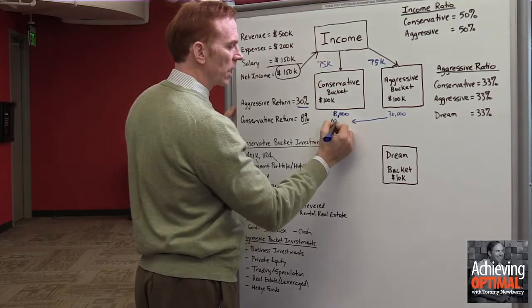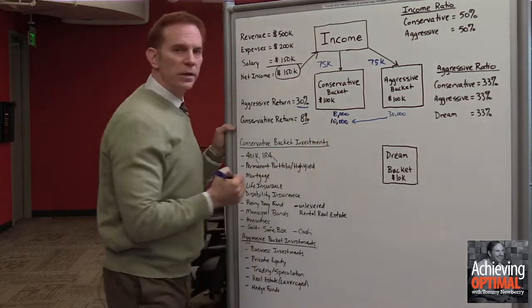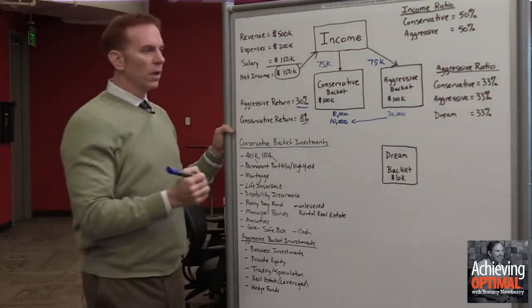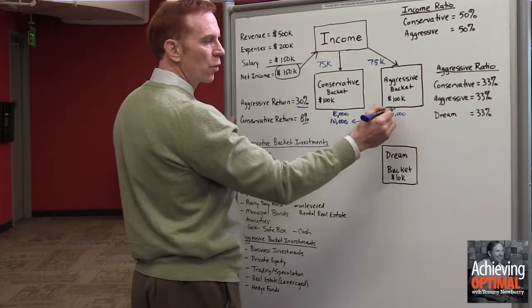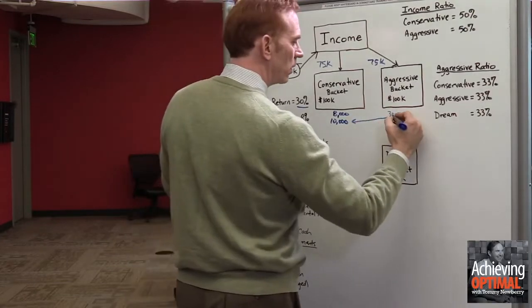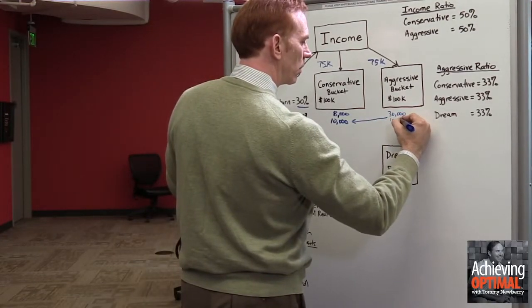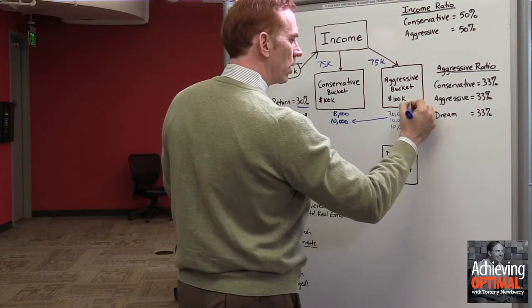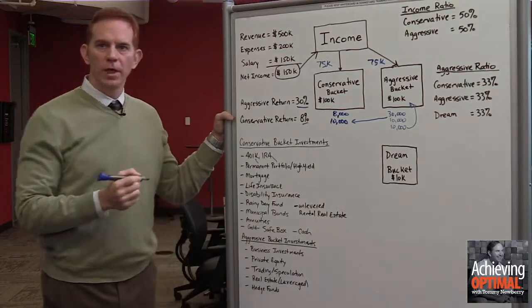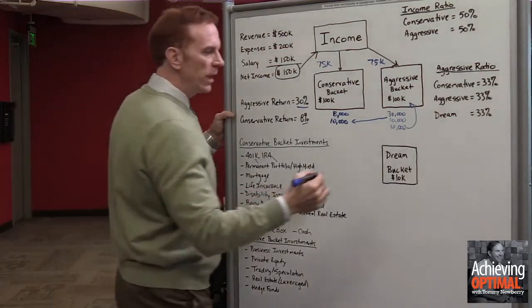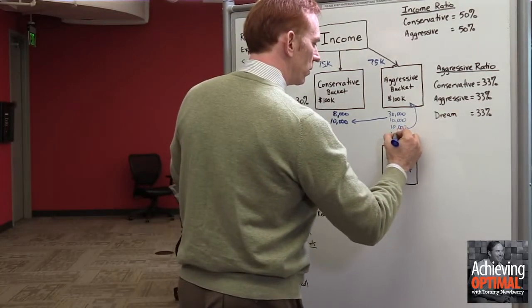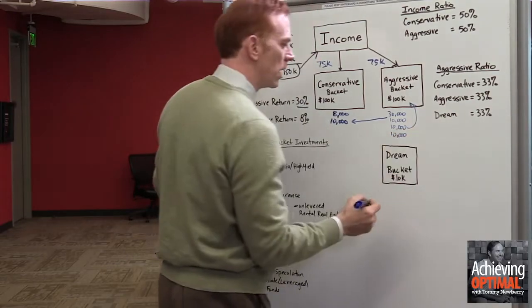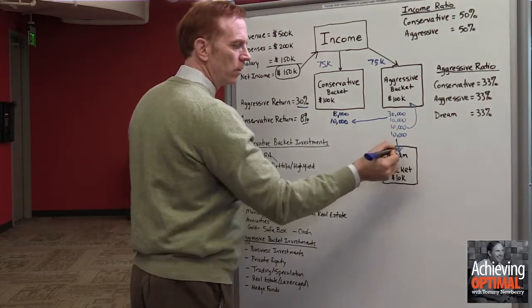So our conservative bucket is going up by another $10,000. We have $10,000 that's going to be reinvested back into the aggressive bucket. And then we have $10,000 that's going to flow down into our dream bucket.